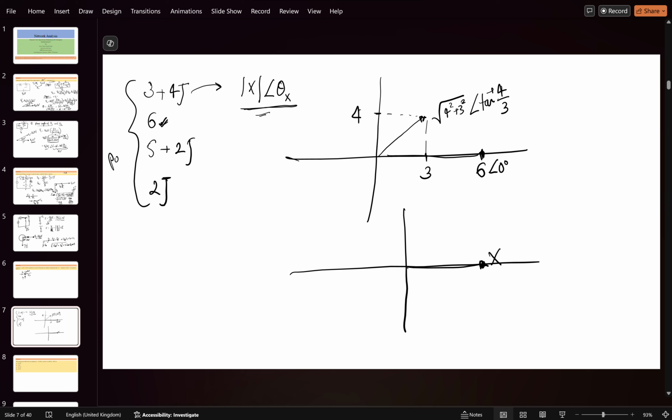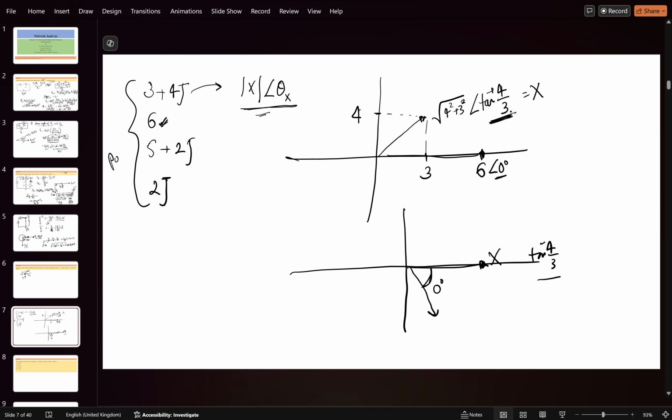If I take this as x, x was the reference, and the other term was at tan inverse 4 by 3. That means it will lie somewhere here, with 0 here, because it is leading at an angle of tan inverse 4 by 3. So you always try to take one of them as a reference. You can take 0 as a reference also.